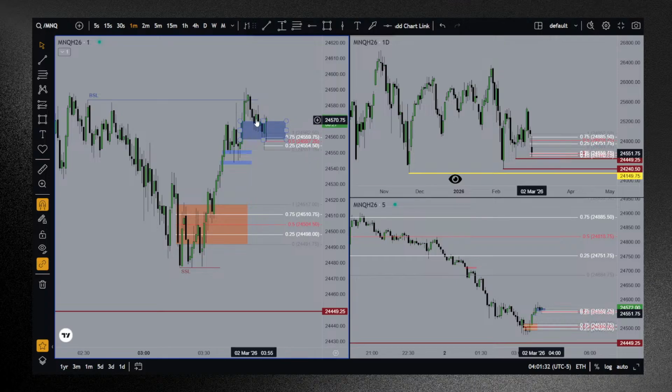So if we see this discount and price trades higher, I'm not interested in it. I'm not chasing that. I'm not really excited about it, because it's against the higher time frame bias that I hold for the time being, and that's fine.